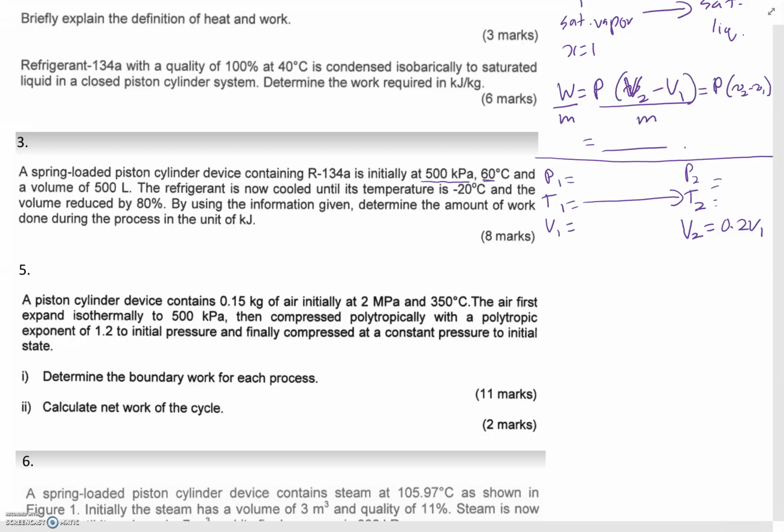If you choose table A12, from the pressure of 500 kilopascal you can find the T sat, and you can compare T, is it bigger or lower than T sat.